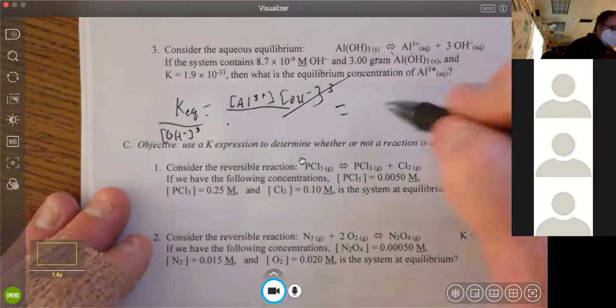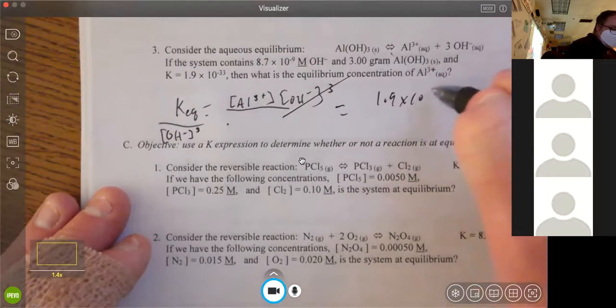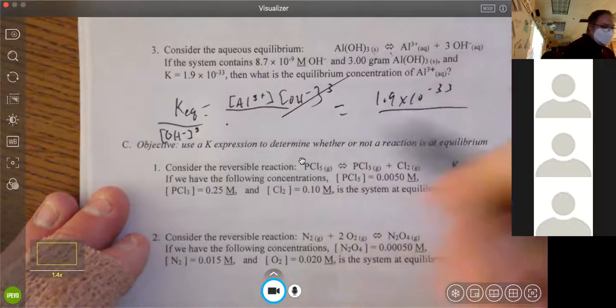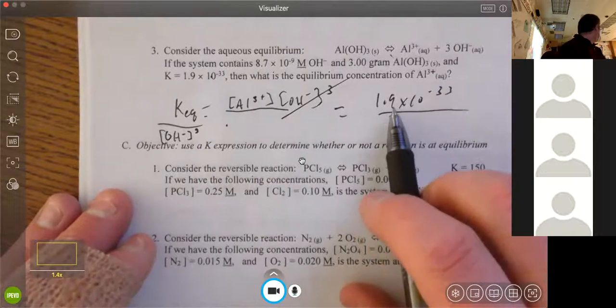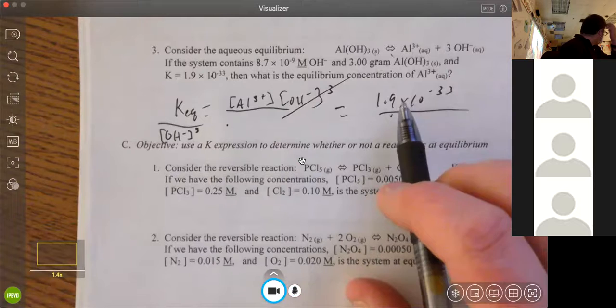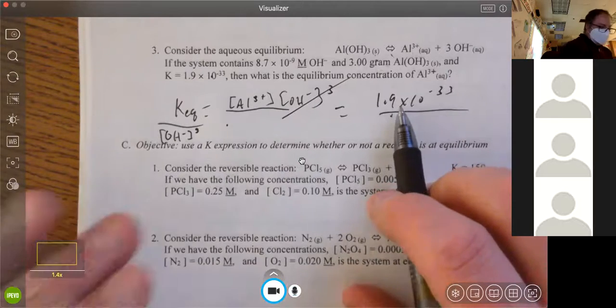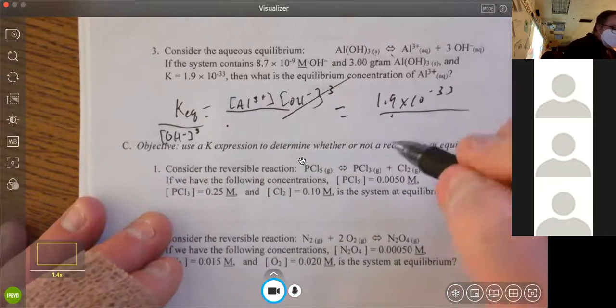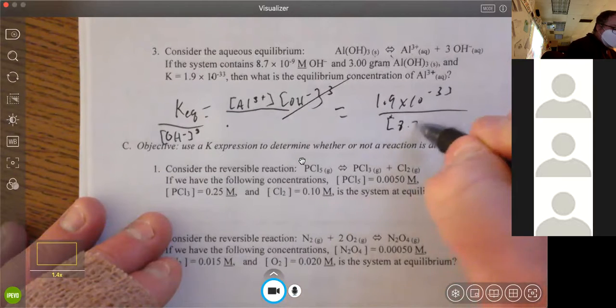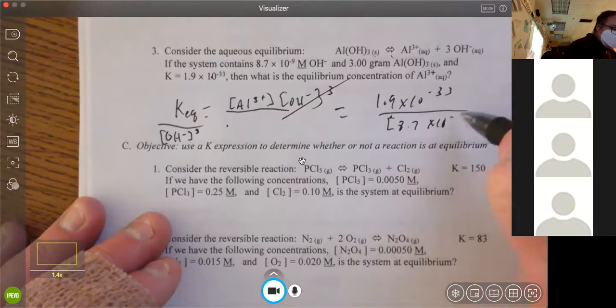So K sub sp is 1.9 times 10 to the negative 33rd. Again, no units. We know the units for concentration are going to be moles per liter, so we just have to keep that in our head. We're going to take that 1.9 times 10 to the negative 33rd and divide it by 8.7 times 10 to the negative 9th cubed.